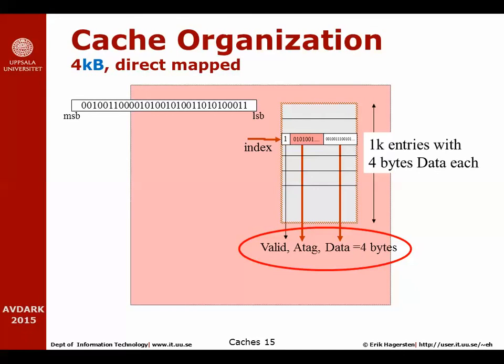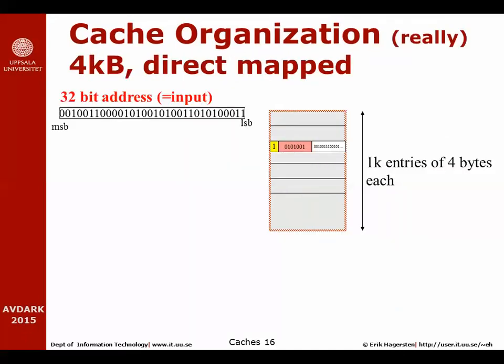So that's what the cache looks like. So let's now really design a real cache given that kind of input information. So we have, once more, an input address, most significant, least significant, and we have the SRAM array stored right here.